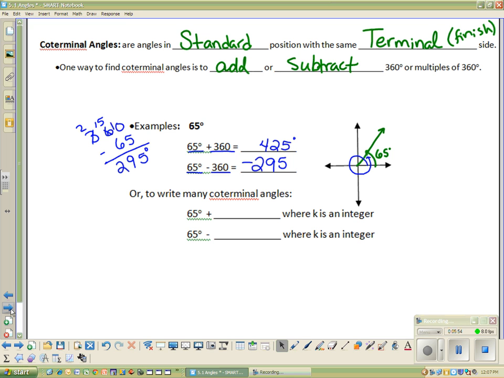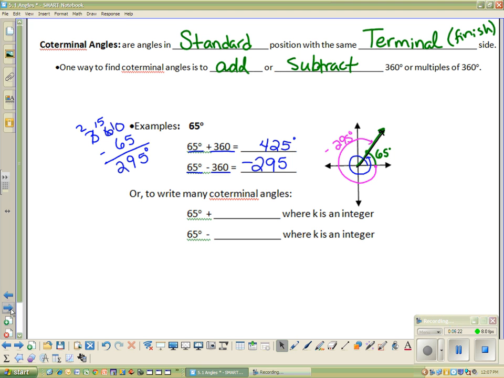On this one, it would look like I'm starting at the positive x-axis, and I'm going to go around. There's 180 degrees, there's 270 degrees, and I'll finish it at negative 295 degrees. And notice they all have that same terminal ray as their finishing point. That's what's meant to be a coterminal angle.